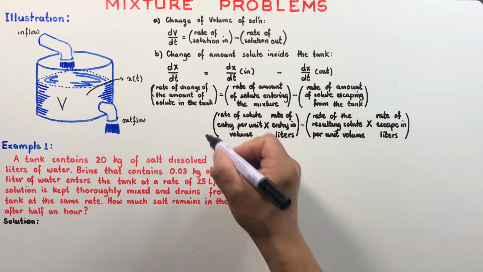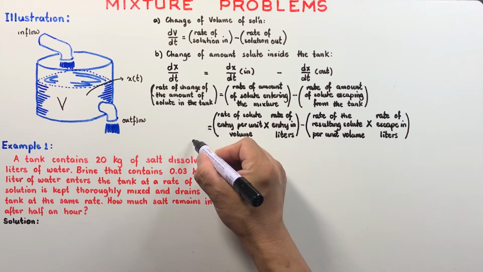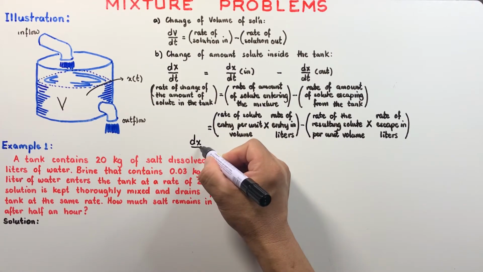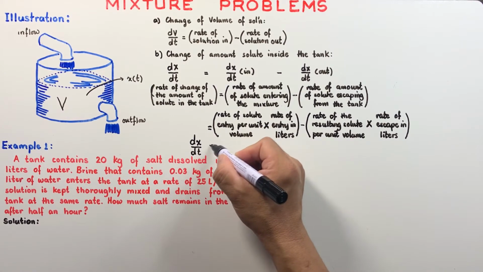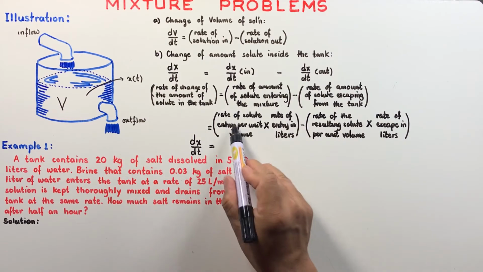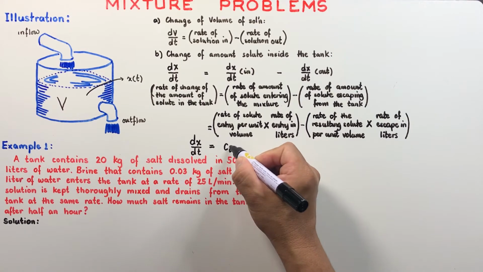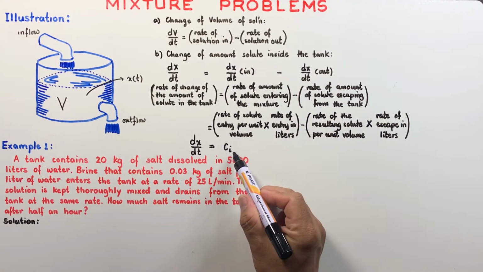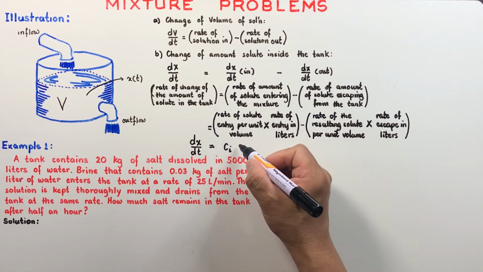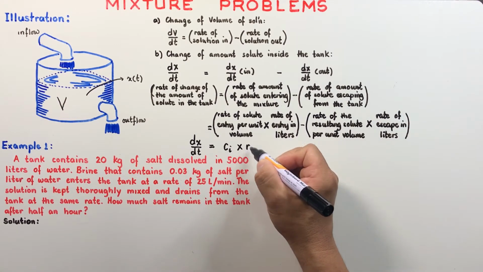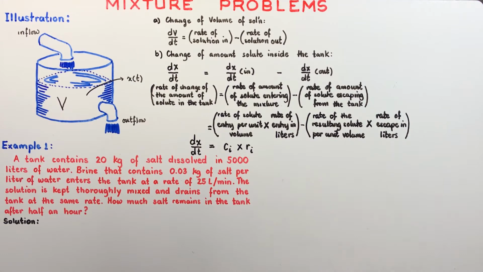So therefore, mathematically, our dx/dt can be computed by the rate of solute entry per unit volume, which can be represented as C_I, the rate of solute of entry, I meaning inside the tank, times the rate of entry going inside the tank.